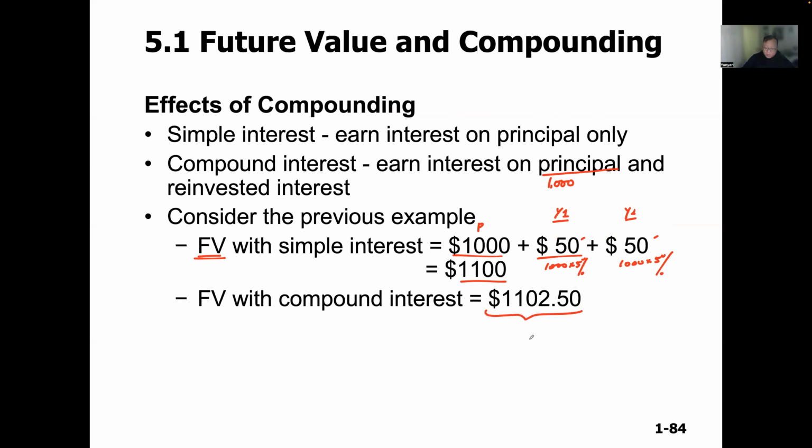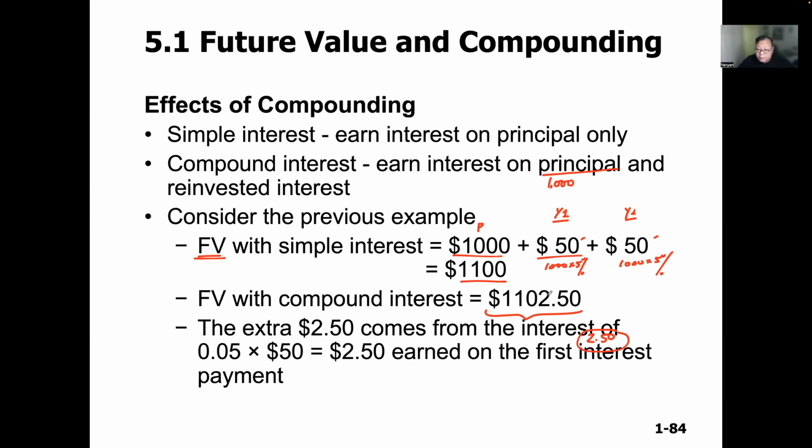Okay, so then you may wonder, why compare these two numbers? The difference is 2.50. So where does this number come from, right? So basically what it comes from is you earned interest because of compounding, right? This $50 from the year one interest is reinvested interest.